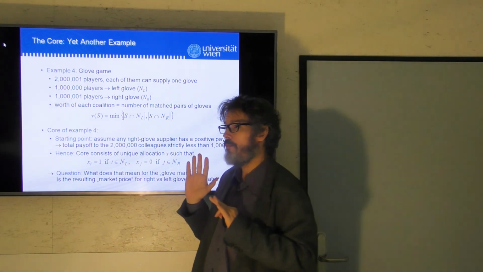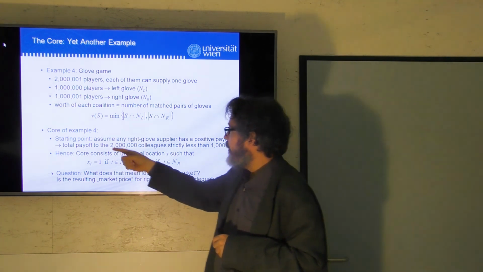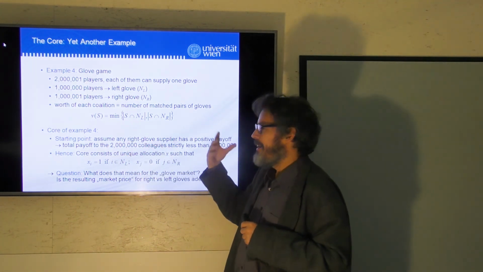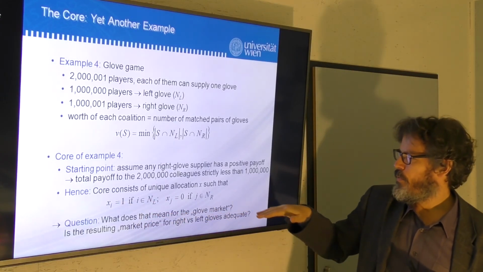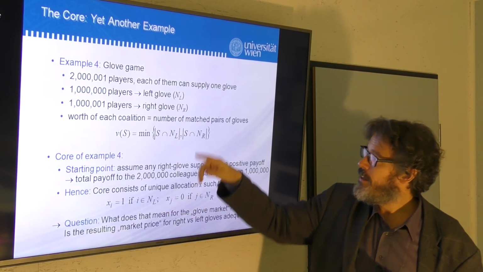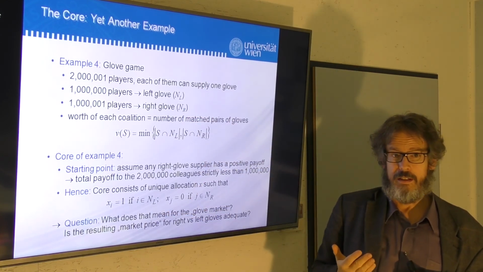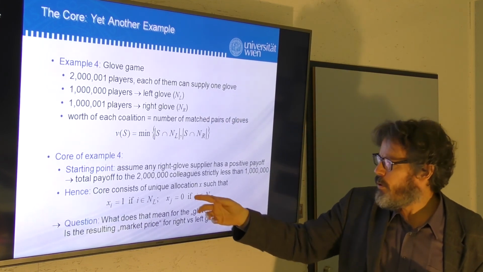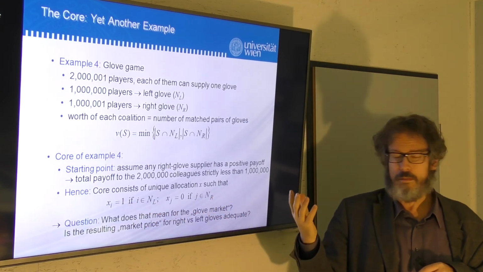All of them have to have a payoff of 0, which on the other hand means that all of the left glove suppliers get a value of 1, which somehow reflects the fact that there is an excess in the supply of right gloves. Therefore, they are cheaper. But of course, it looks a bit strange that the difference is so big.